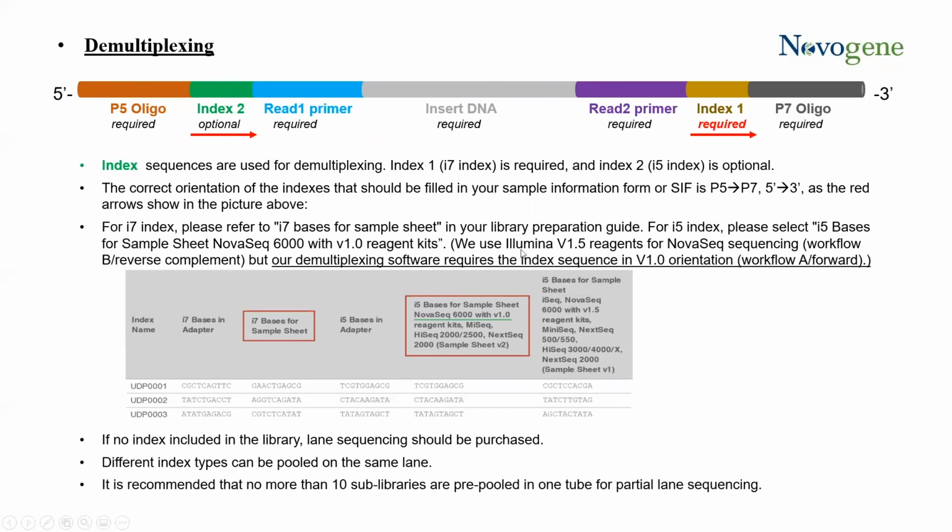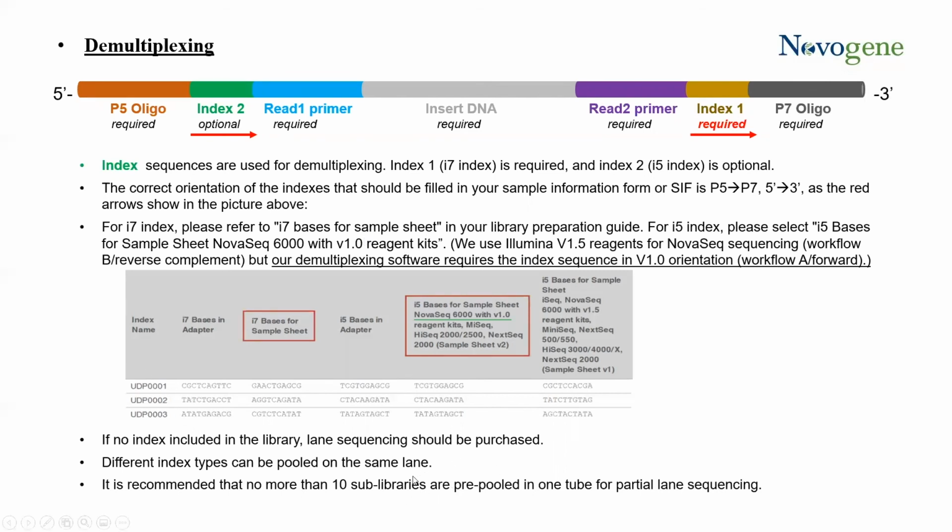Even though earlier I mentioned that we sequence using the 1.5 reagent kit for the NovaSeq platform, our demultiplexing software actually uses the V1 or the forward orientation. So this is the orientation that we ask that you provide your indices in. We will be sequencing in the reverse orientation, but our demultiplexing software will use the forward orientation.